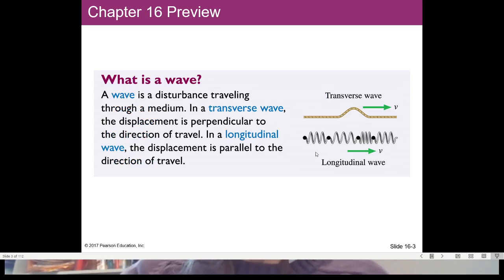The other possibility is that the direction of travel is the same as the direction of wavage. You can see that here the squishage and expandage of this spring are in the same direction as the direction of travel of the wave. So we call that longitudinal.